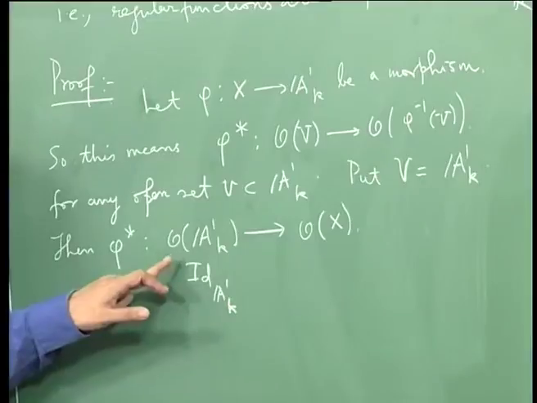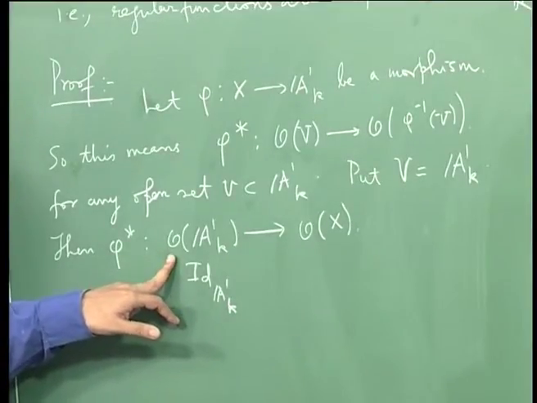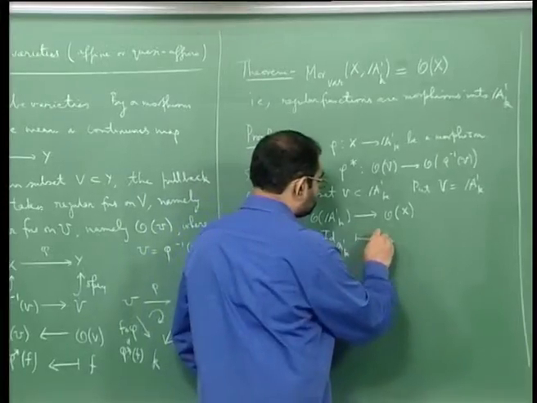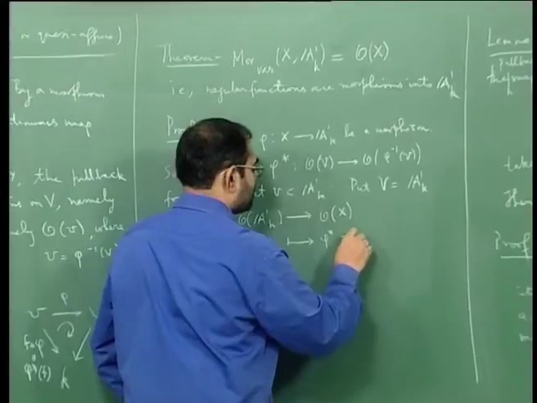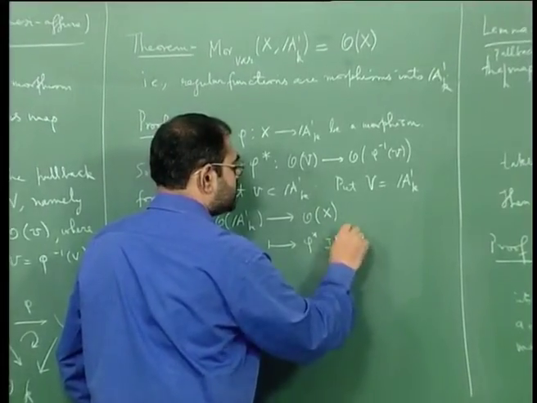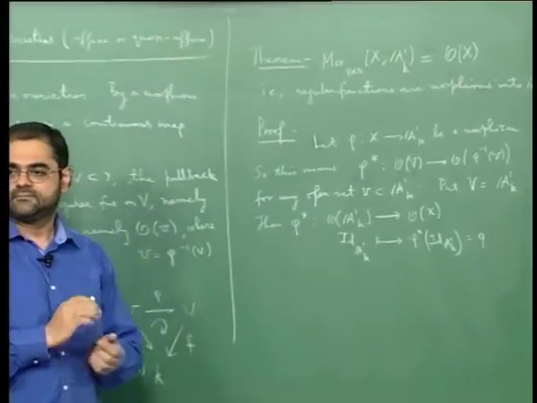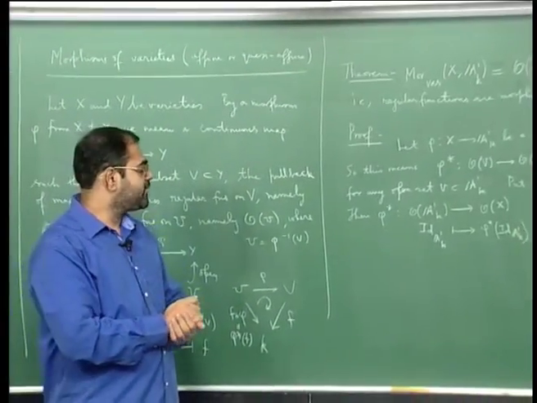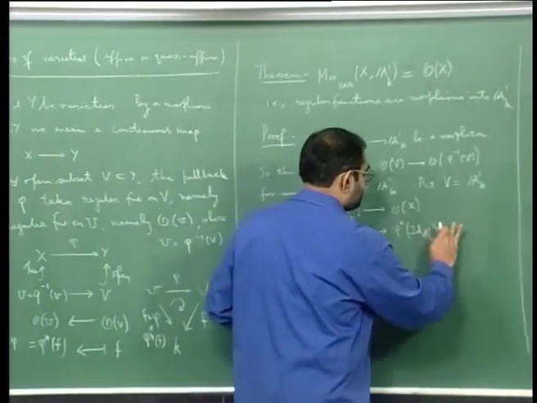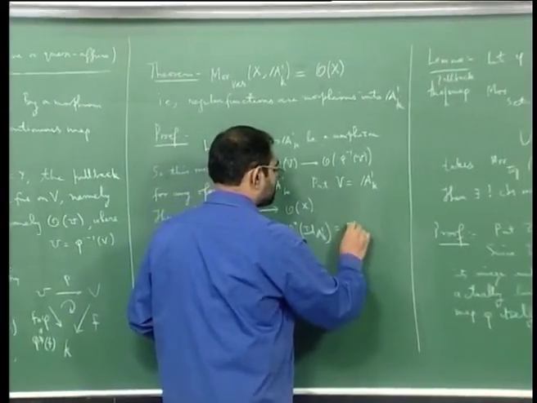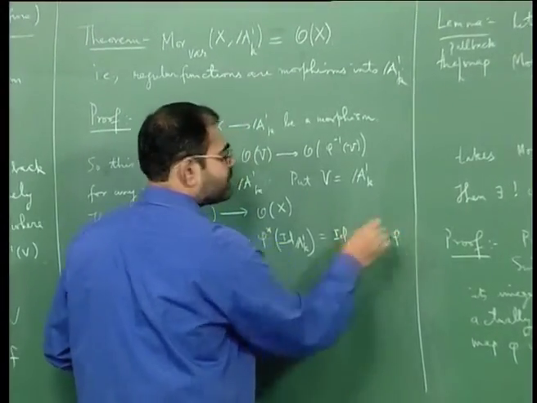So the identity map on A1 is certainly a regular function, and what does it go to? It will go to phi upper star of the identity map on A1, but phi upper star of the identity map on A1 is the identity map composed with phi, which is just phi.